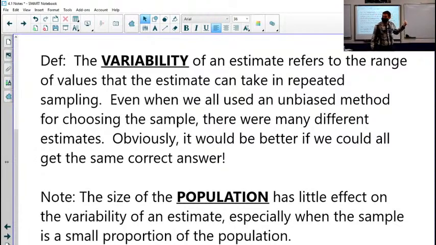And out of the calculator, I got a different answer. So just based purely on luck and chance of the group of 5 words that I chose, I got a different answer. That's natural to happen when we take samples. But if there's something with our method that is causing the results to tend to overestimate or underestimate, that's when we're looking at bias. And we'll talk more about that later this week.